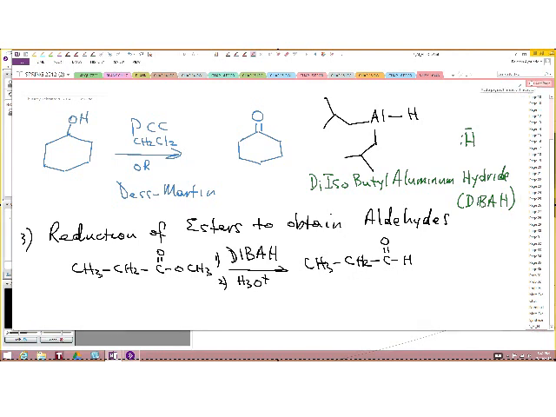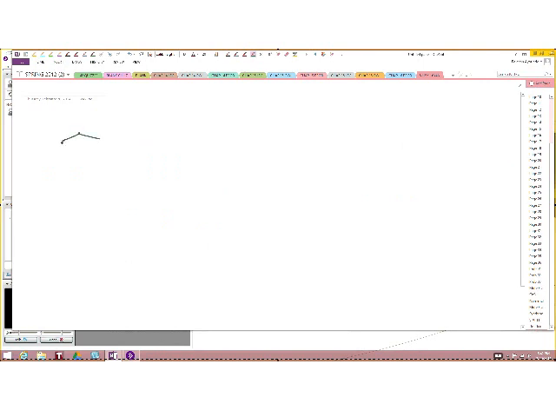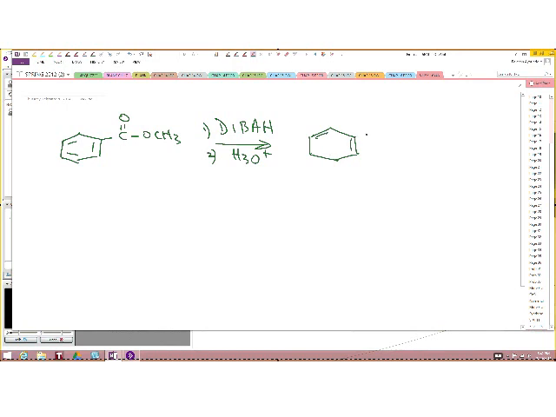Given that information, can you give me the mechanism going from this ester to this aldehyde using DIBAH?